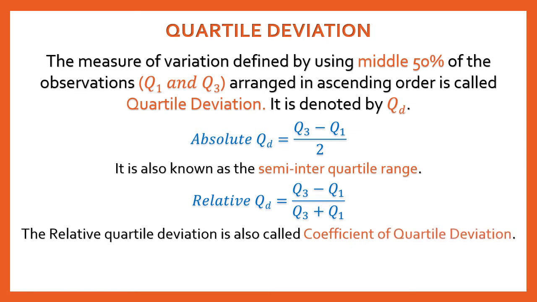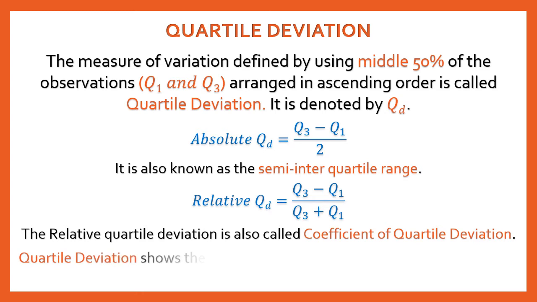Now this is becoming a pretty standard thing. The regular value is known as range or quartile deviation or mean deviation and standard deviation, and its relative will be known by adding the word coefficient. Coefficient of range, coefficient of quartile deviation, in the future coefficient of mean deviation and coefficient of standard deviation. It would be something like that.